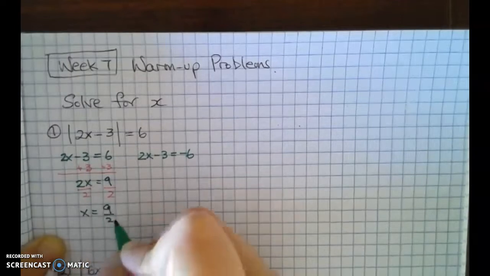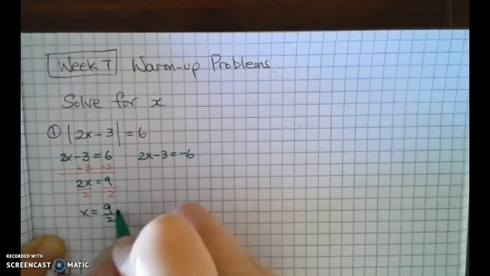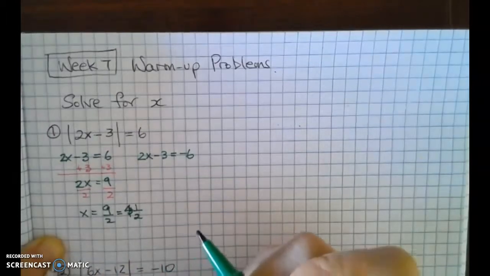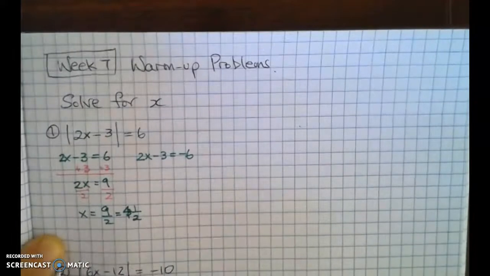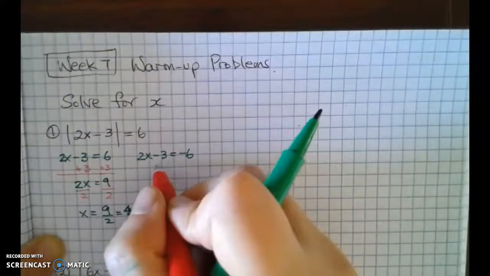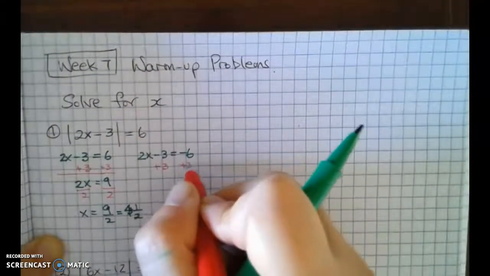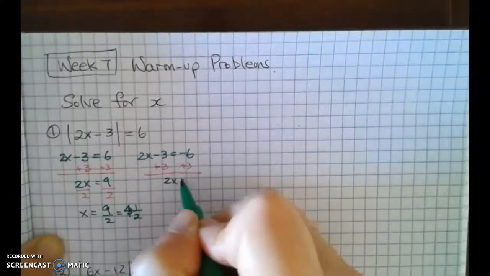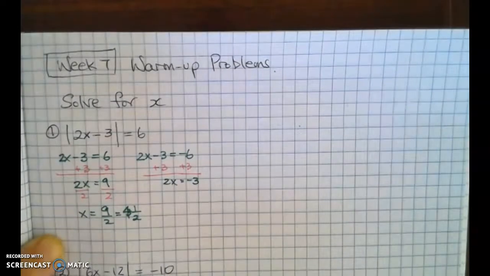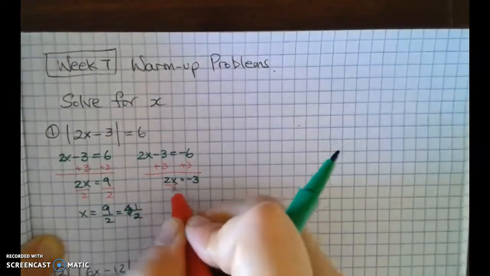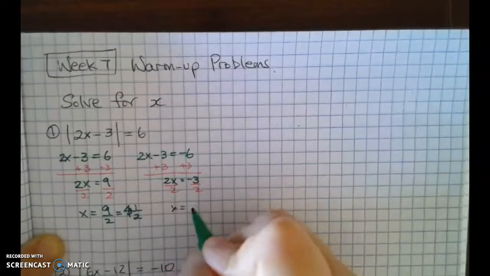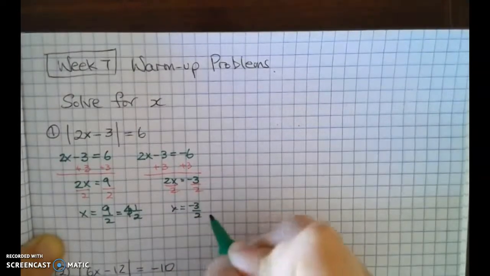I am going to leave it as 9 over 2, or I can rewrite it as, oops, 4.5, right? 4.5. For the other equation, we add 3 to both sides again, and you are left with 2x is equal to negative 3. Then divide both sides by 2, and you are left with x is equal to negative 3 over 2, or negative 1.5.